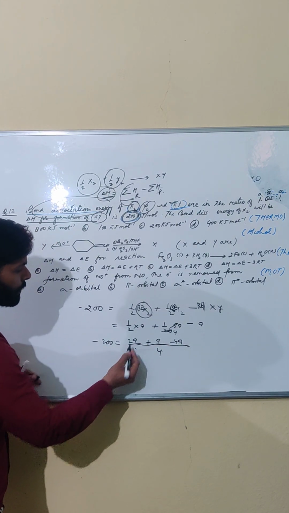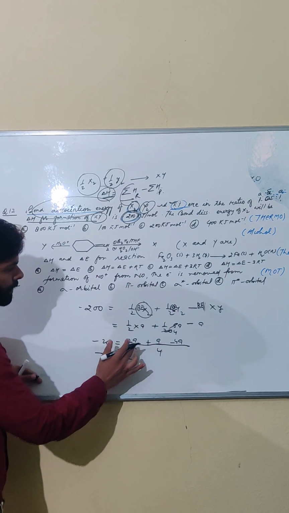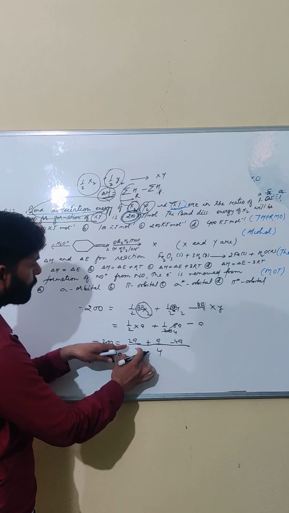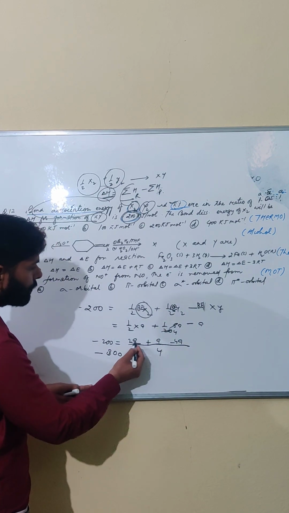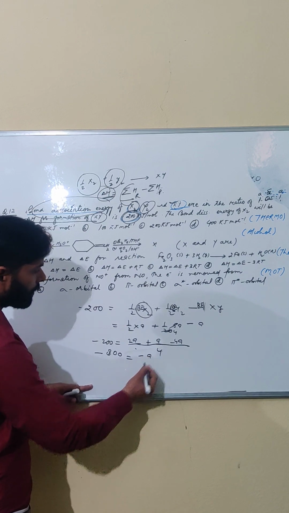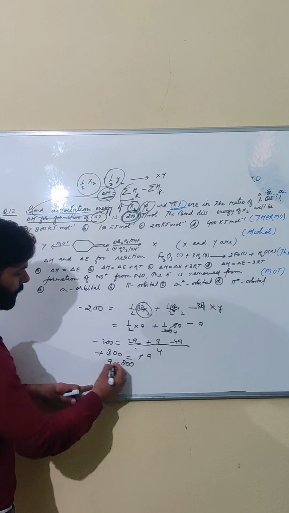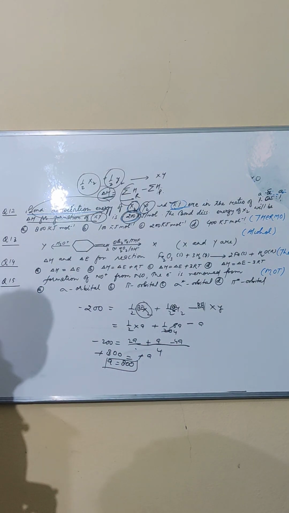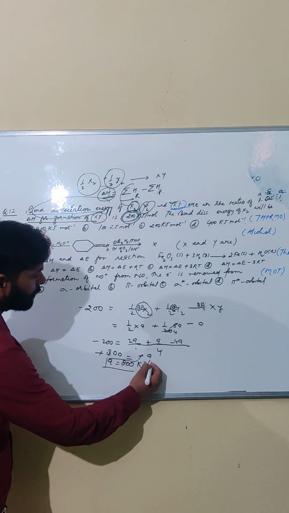After simplifying, you will get only A, so the value of A is 800. That means the bond dissociation energy of x2 is 800 kilojoule per mole.